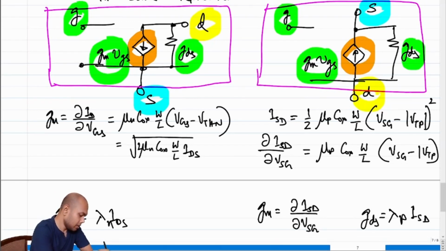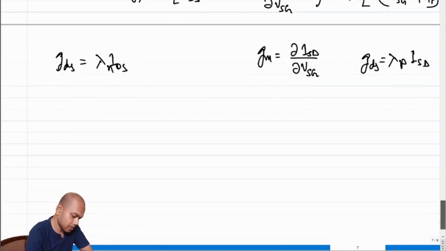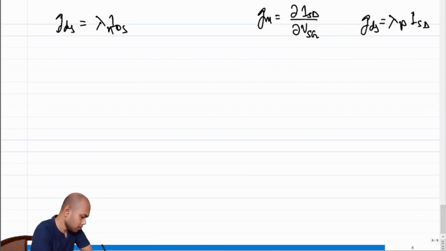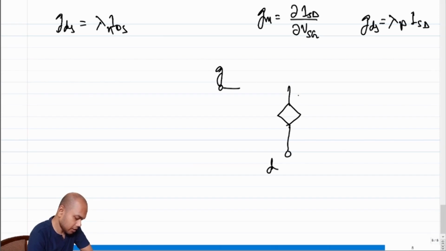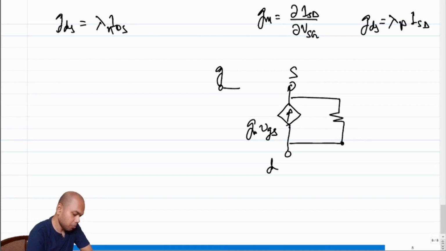So what I am essentially saying is this: the PMOS incremental equivalent becomes, this is gate, we are marking this as drain and this as source, and this as gmvgs pointing upwards, correct?